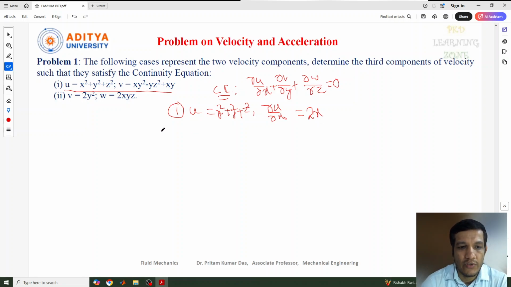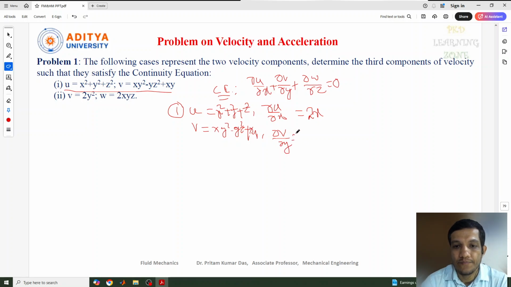Similarly, in case 1, v is given as xy square minus yz square plus xy. This is the velocity value. Now here also we can find del v by del y.